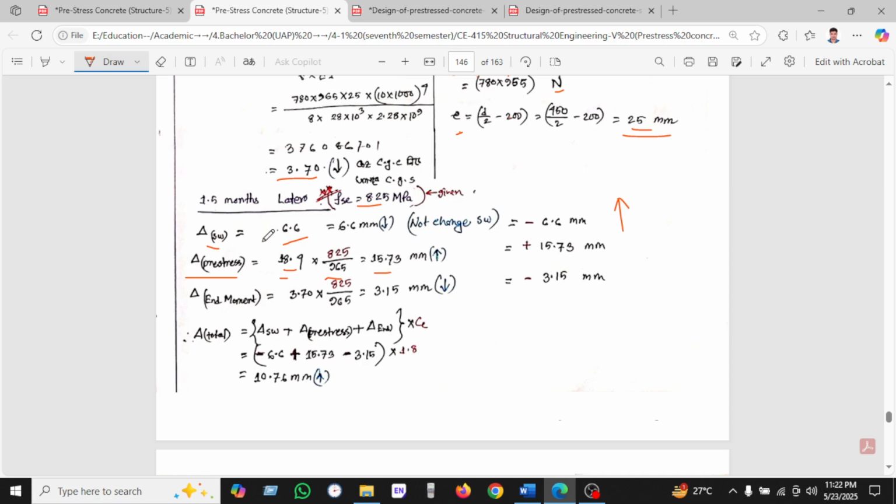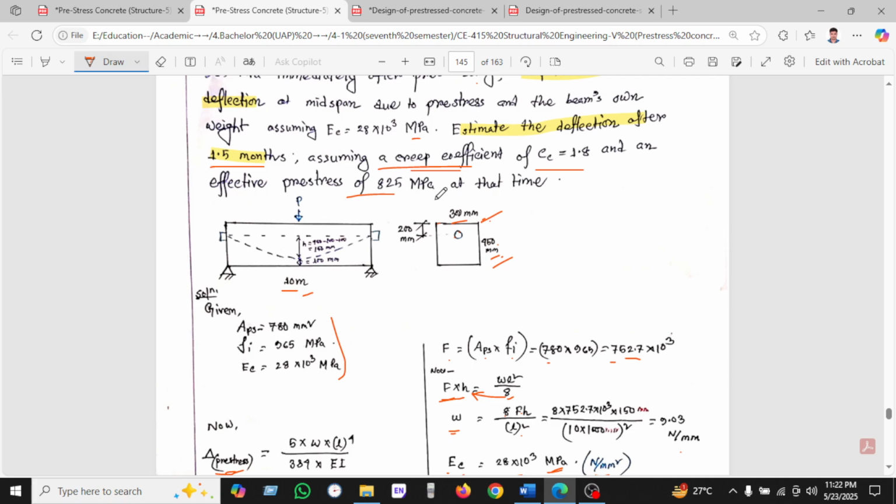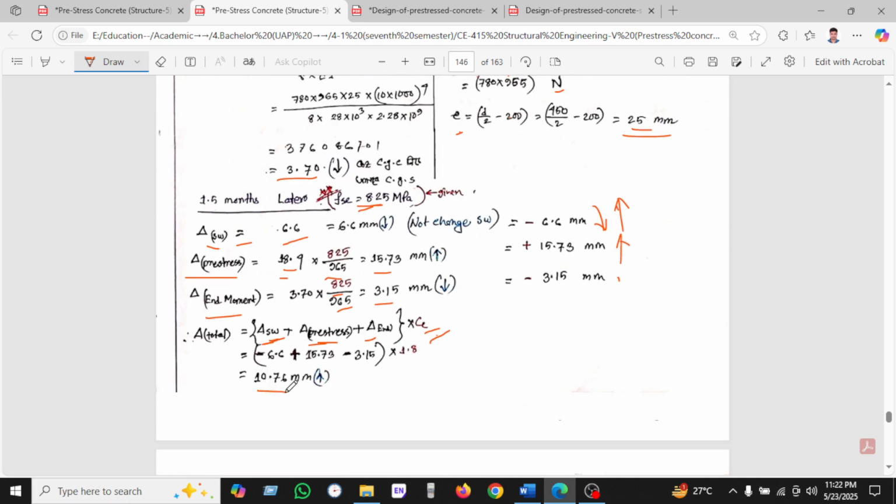It is upward. For the moment, we also take the ratio, 825 divided by 965, and found 3.16, and it will also be downward. As we know, self-weight is negative, prestress is positive, and the moment is negative, and it will be multiplied with the coefficient Cc, which is the given creep coefficient. Okay, and these are the answers we have found.